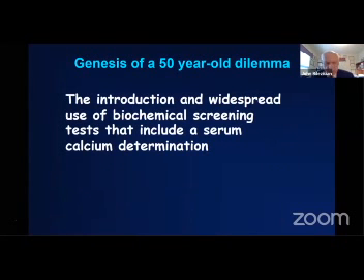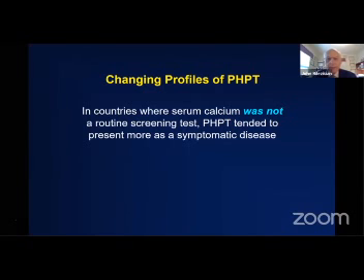Now, this change in phenotype, we believe, is due to the introduction and widespread use of biochemical screening tests that typically include a serum calcium determination.